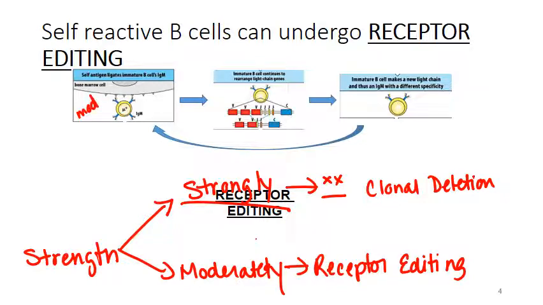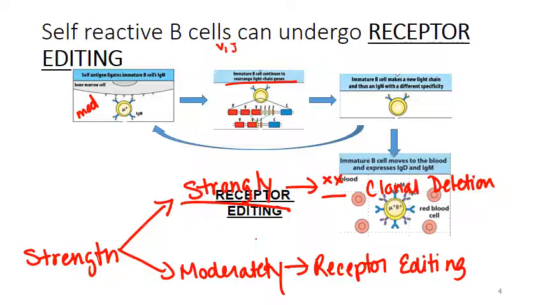So what it does is it goes back in and it tries to rearrange the light chain genes. So literally, if it was V1J2, it's going to go back and say, okay, that combination led to a moderate strength response. So let's try something new. Now let's do, say, V2J4.